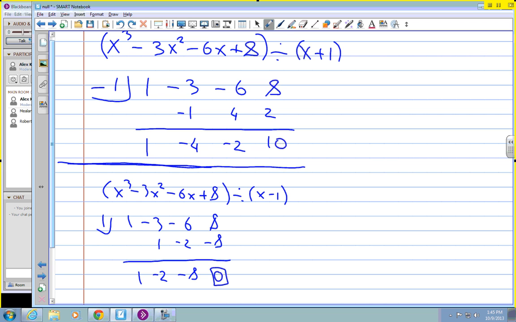If you did that one, try that one. So same divisor almost, only I'm just changing the sign in the divisor. Instead of x plus 1, divide by x minus 1. So in the first one, you should get remainder 10, and in the second one, the remainder is 0.